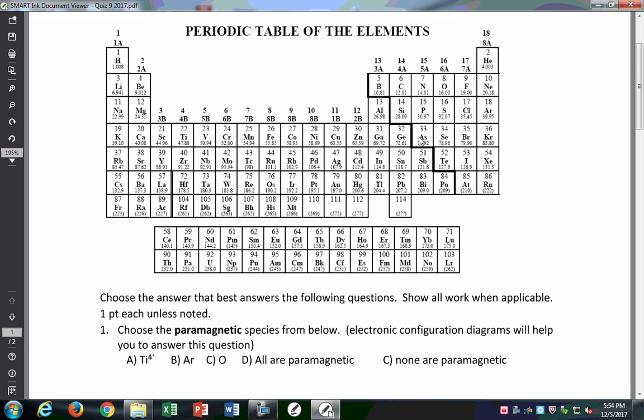Ti4 plus, here's titanium. Ti4 plus, it has 1, 2, 3, 4 electrons in its outer orbital. If it's Ti4 plus, that means it lost all 4 electrons. So what does Ti4 plus look like? Xenon. Does xenon have any unpaired electrons?